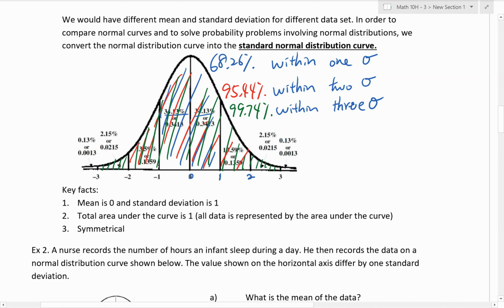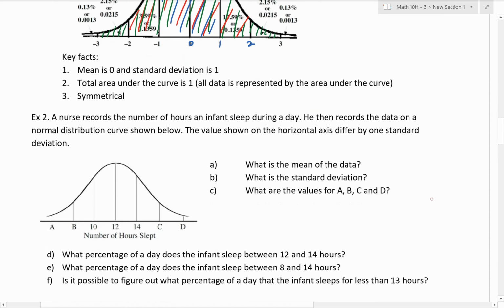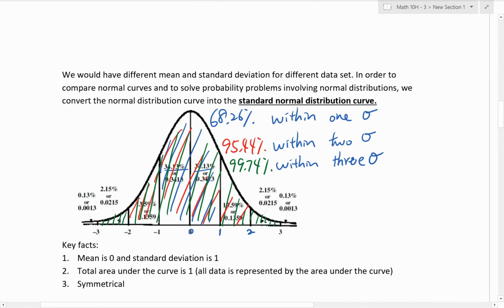So within 3 standard deviations, it covers pretty much all the possibilities. It's unlikely that our data will be outside of 3 standard deviations. All right, that's the standard normal distribution curve.